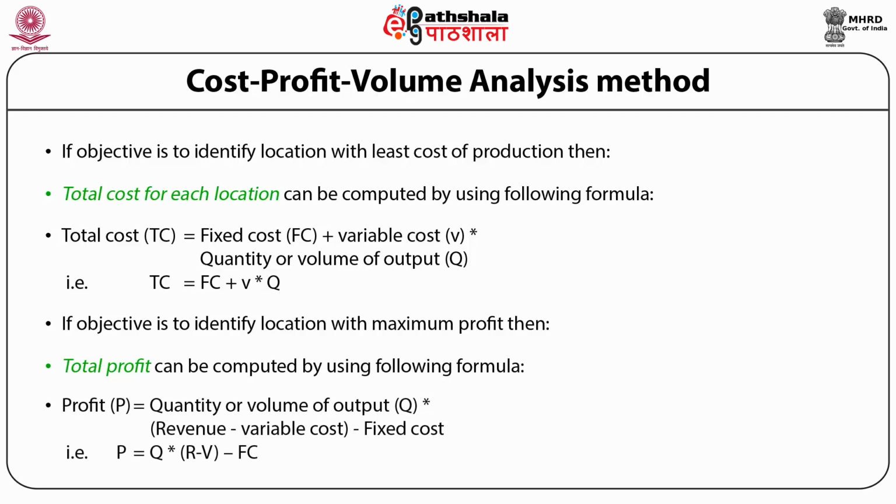Profit is equal to quantity or volume of output multiplied by difference of variable cost and revenue. This term is then subtracted from fixed cost. That is, profit P is equal to quantity Q into revenue minus variable cost, minus FC, that is fixed cost.